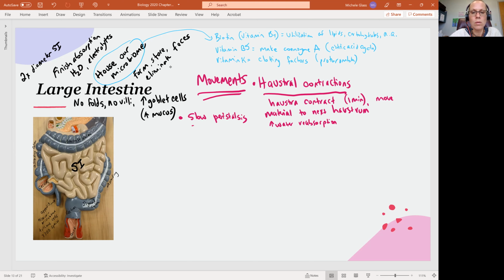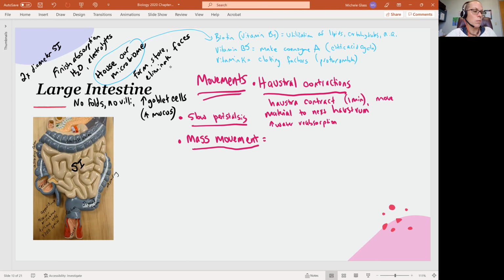peristalsis. And then we have, characterized in this large intestine, what's called mass movement. The mass movement is really involved in our defecation reflex, or what we can think of as a bowel movement.